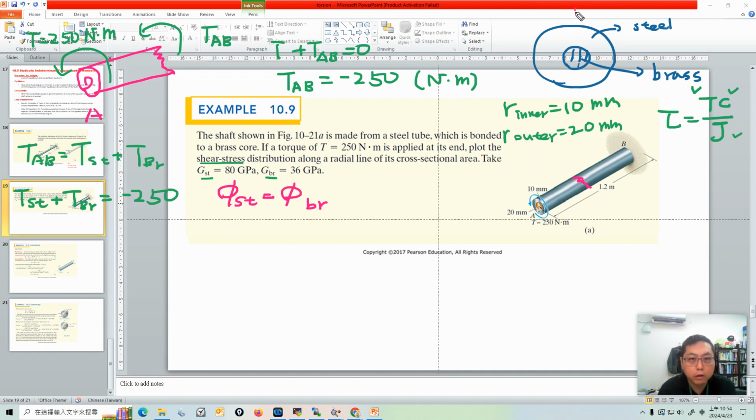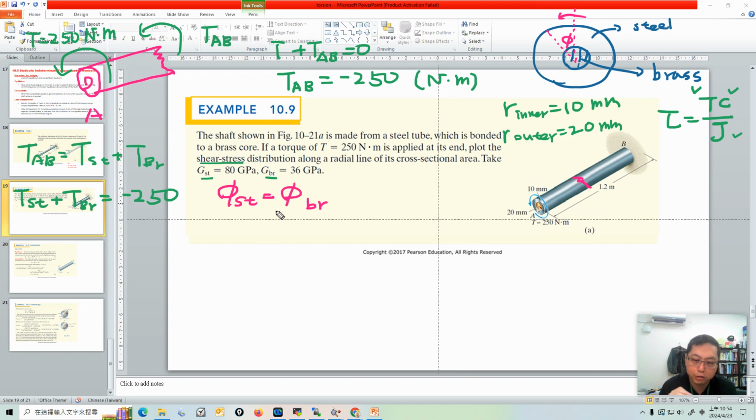If we apply a torque, these two materials have the same angle of twist because it's coaxial, and they are attached to each other very firmly. So when you twist the material, the steel and the brass will have the same twist angle, but they contribute differently to the total torque.